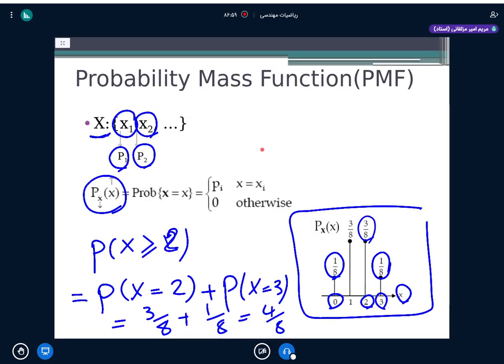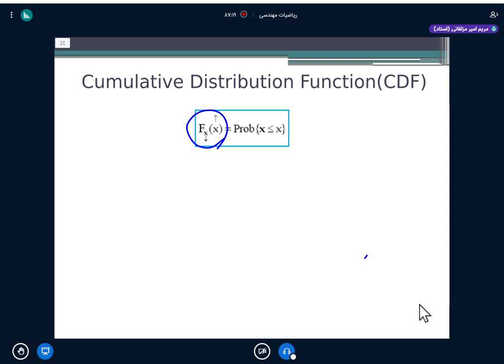Then we said that to fully understand a discrete random variable, it's enough to have its PMF, the probability mass function, a simple function that specifies the probability of different values of the random variable. But we can't define a PMF for continuous random variables, because the probability that a continuous random variable is equal to a specific value is 0.